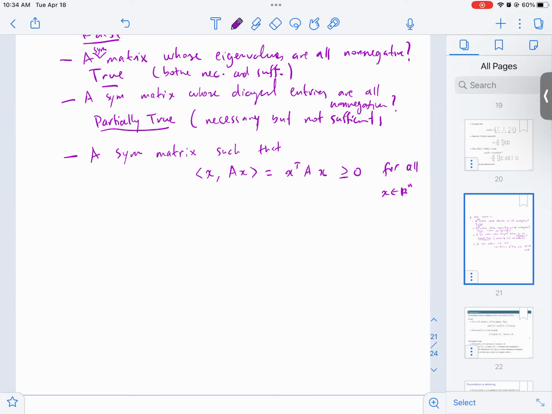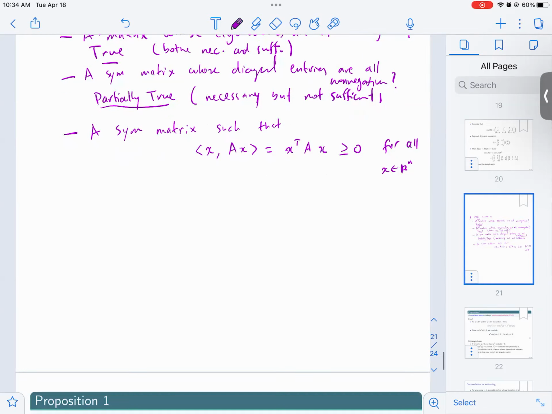There are other characterizations. Just going to mention a symmetric matrix that can be written as A equals R R transpose.